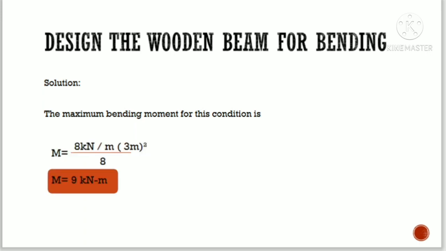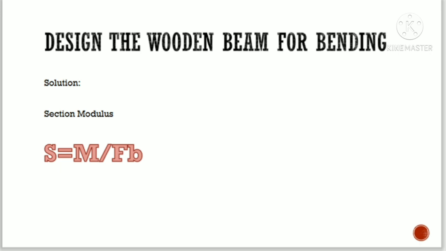So moment is equal to 8 kN per meter, that is our W, times 3 meters, which is our L, squared, divided by 8, and our maximum moment is equal to 9 kN-meter.